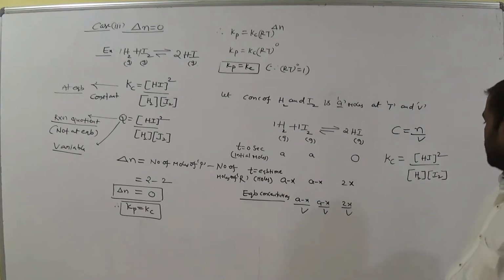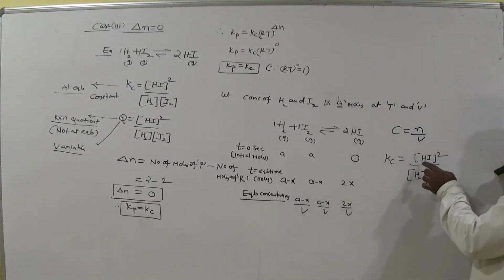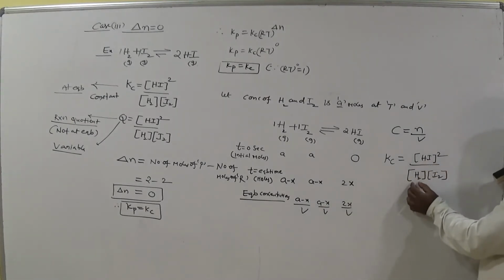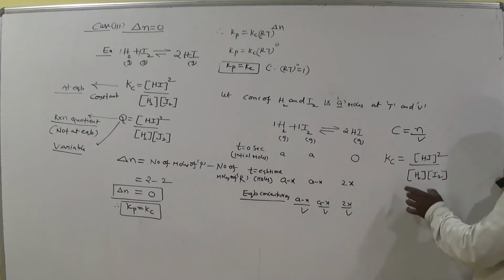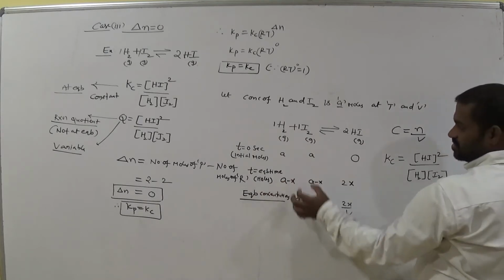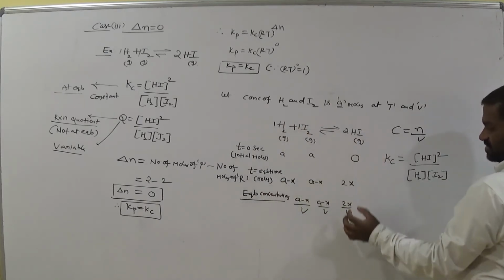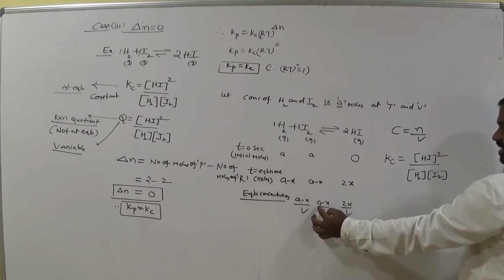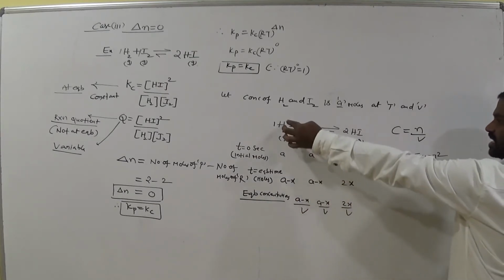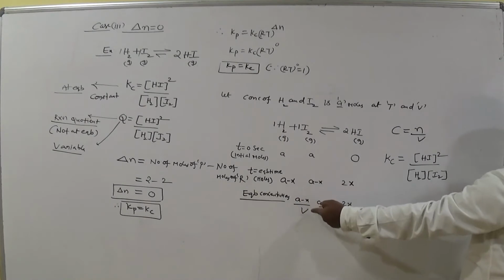Is it clear? Now this is the molar concentration of HI, of H2, and of I2. We already got these values. So what is the molar concentration of HI? 2X by V. Molar concentration of H2? A minus X by V. Molar concentration of I2? A minus X by V.